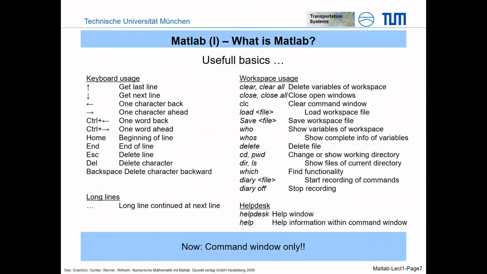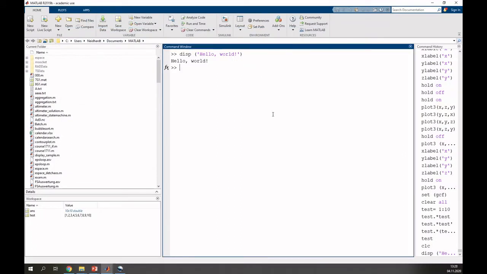All programs which I write start with these commands, because what do they do? If we have some variables in the workspace, with clear all, you can really delete the complete memory.